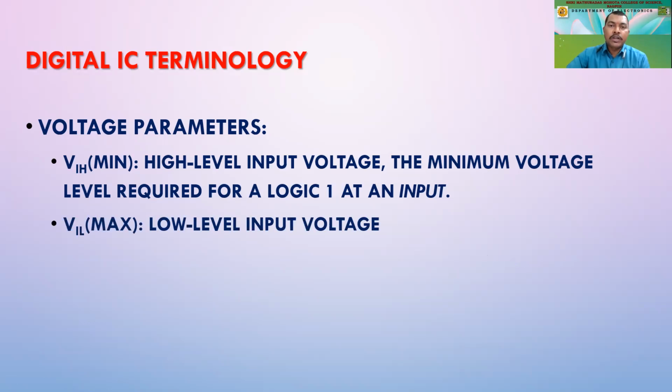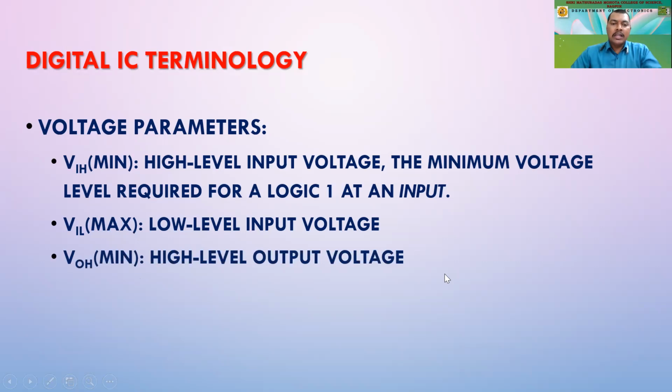Just as 3.5 volt is considered by the IC as digital 1, we can't say that 0.2 or 1 volt is not considered zero. So what is the highest level of voltage that can be applied and the IC still takes it as zero? That is the low level input voltage.